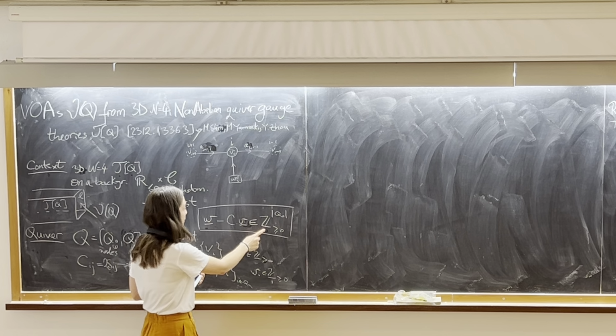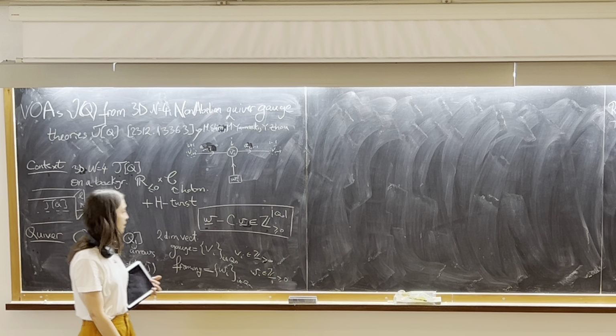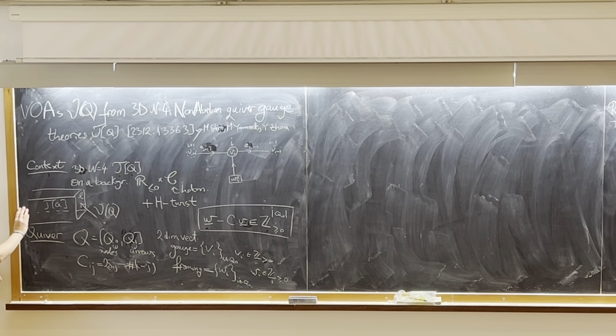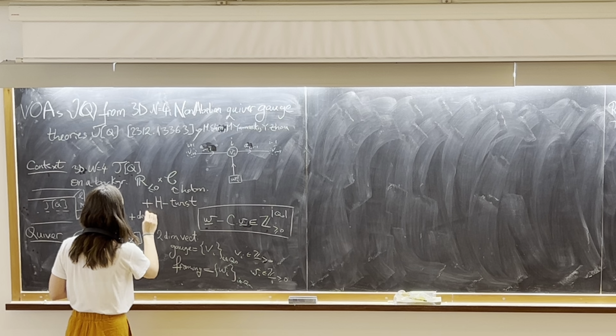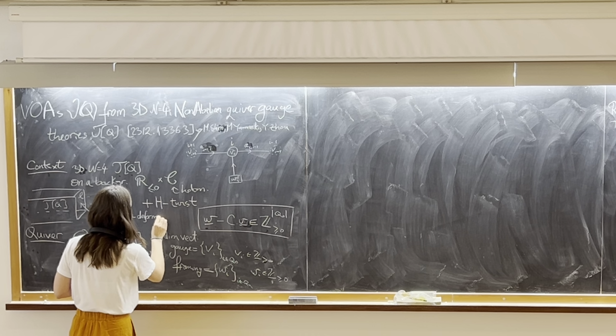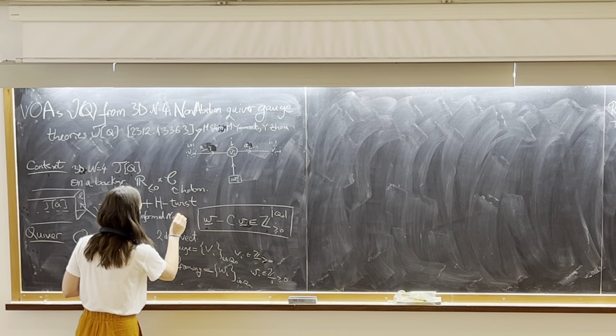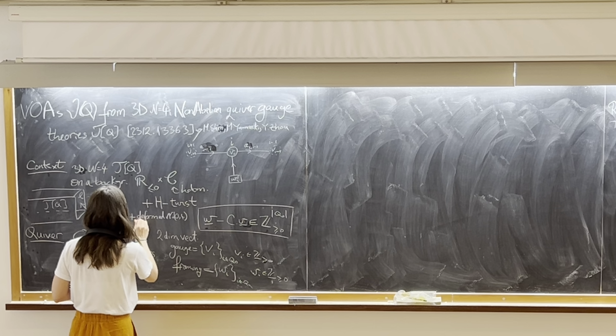If it's not 0, what it translates to physically, because here we have the theory, it has a boundary. One more thing I should specify, also deformed N=(0,4) Neumann boundary conditions.